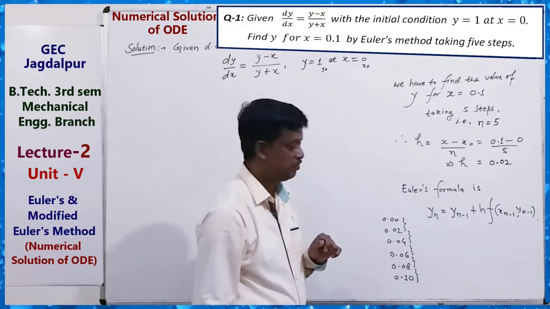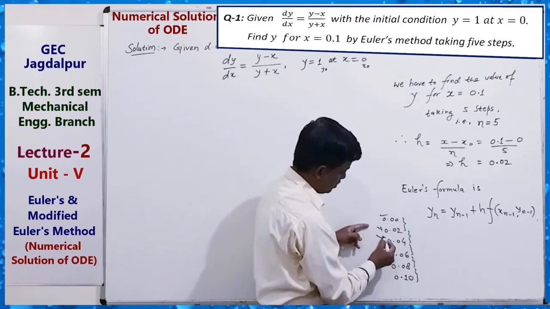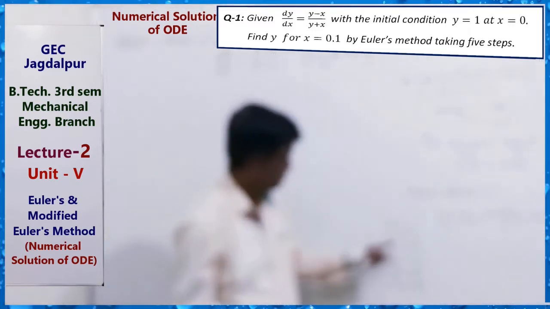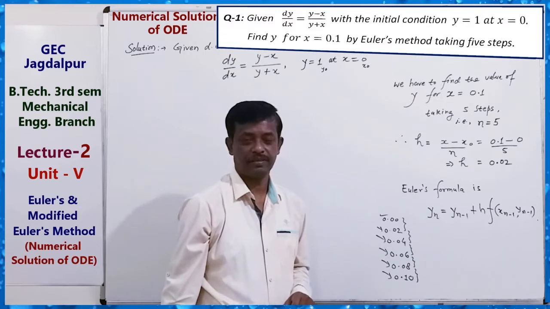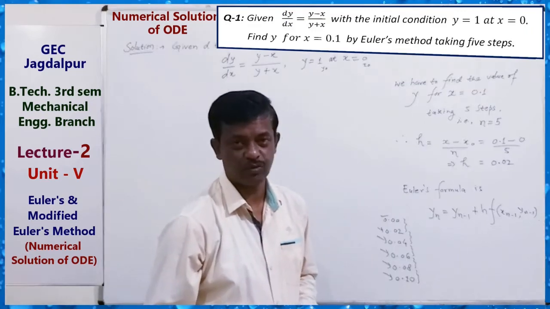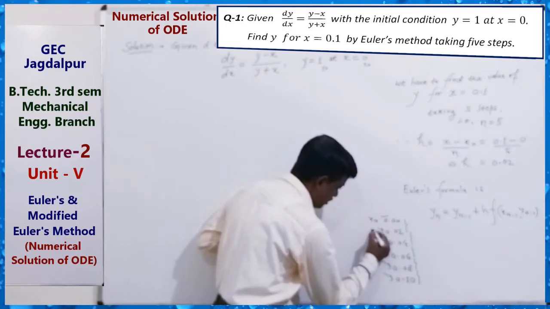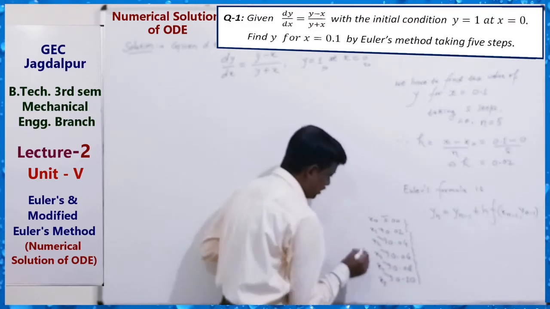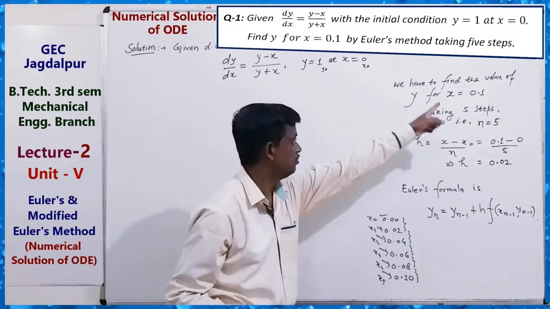Because the value is given at the starting point, for each of the other points we have to find the value, that is x1, x2, x3, x4, x5. Just at here, here, here, here, and here. The final value is at point 0.1.